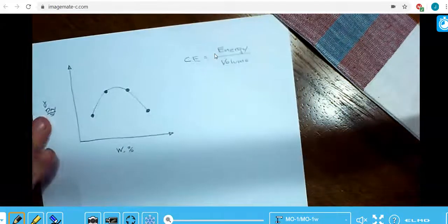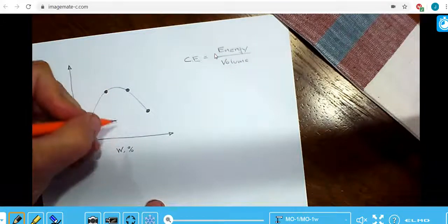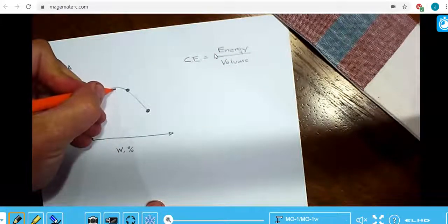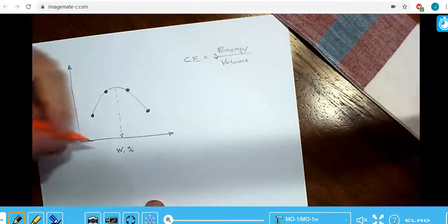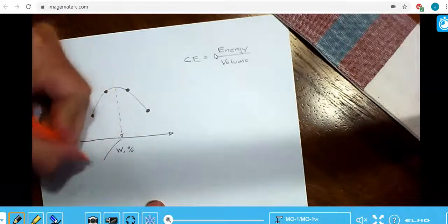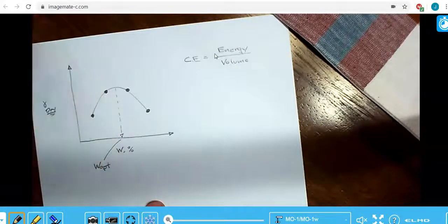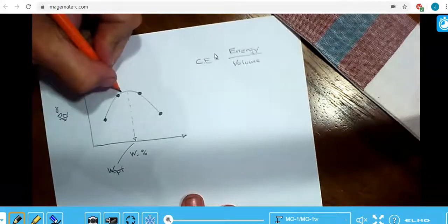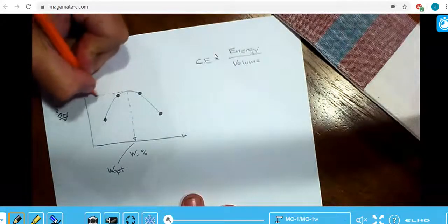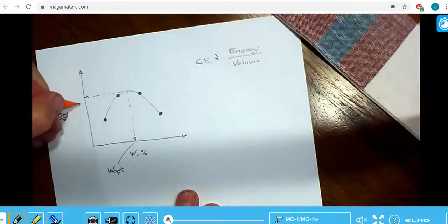Okay, and then we can evaluate the apex of this curve, and this is what we're interested in. This value right here for water content is what we call the optimum water content. So optimum, that's where you get your most efficient compaction. And then the top of the curve over here, this is what we call the laboratory maximum dry unit weight.